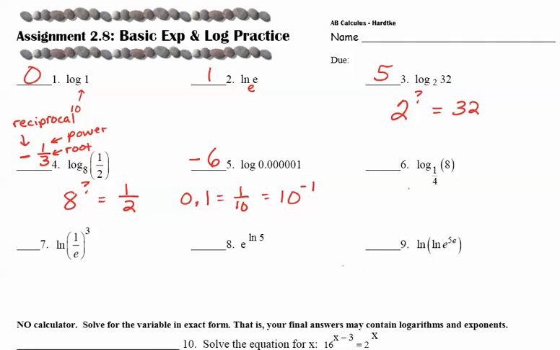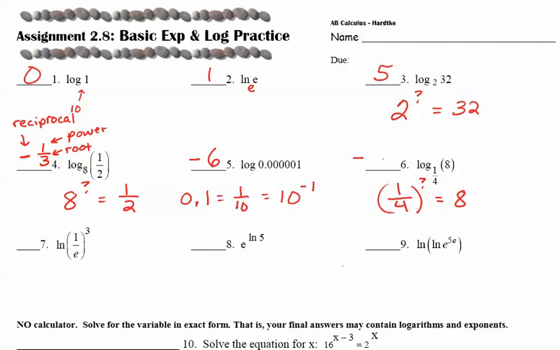In question 6, this time our base is the fraction 1/4, and we want the logarithm that produces a result of 8. So 4 and 8 are both base 2 numbers. You could show a little bit more algebra, but I suspect that you might think of it step by step. Here's what I would do. I would say, well, a negative exponent is going to turn this into a 4.